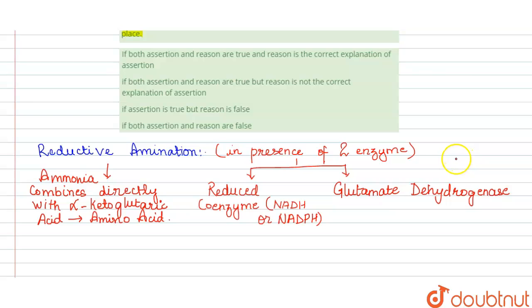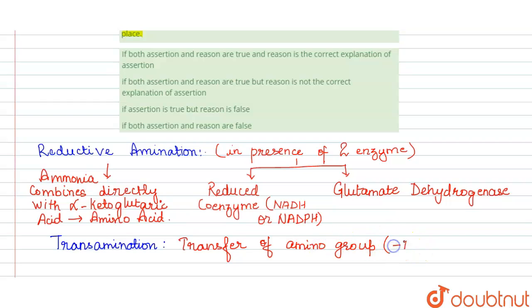Also what we see is that on the other hand, there is a process which is the transamination. So what is transamination? Transamination here is the transfer of amino group. What is an amino group? That is NH2 group. This amino group is transferred, right?